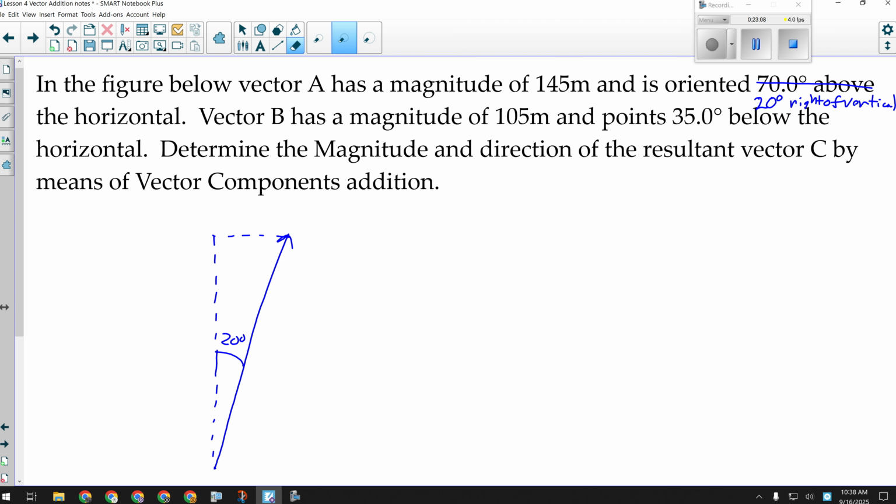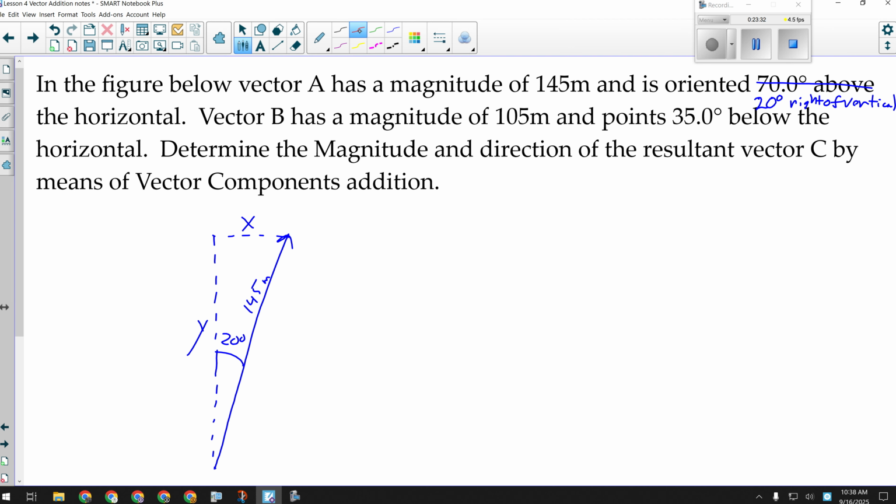Since this is its horizontal part, that's the x component for the first one, and this would be the y component for the first one. Oh sorry, I forgot to put the magnitude on there. This is 145 meters long.